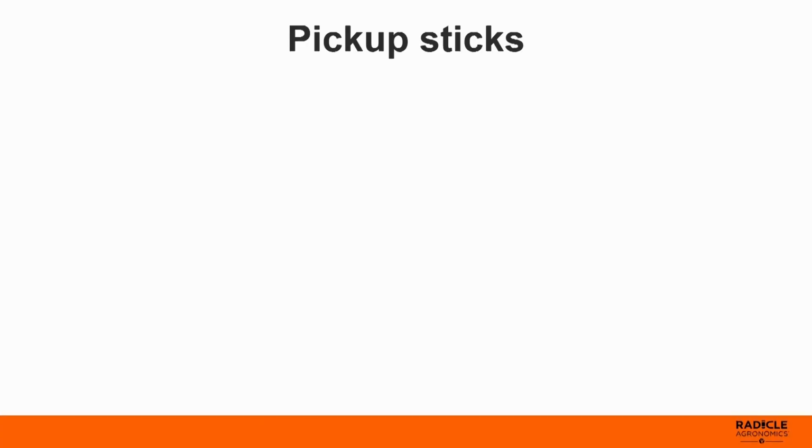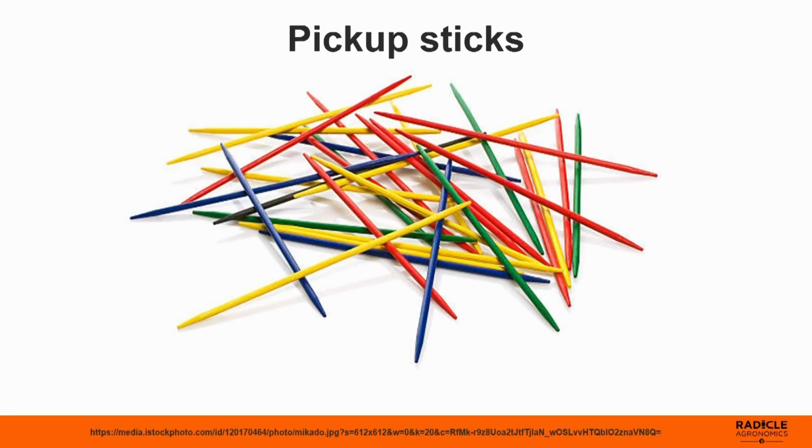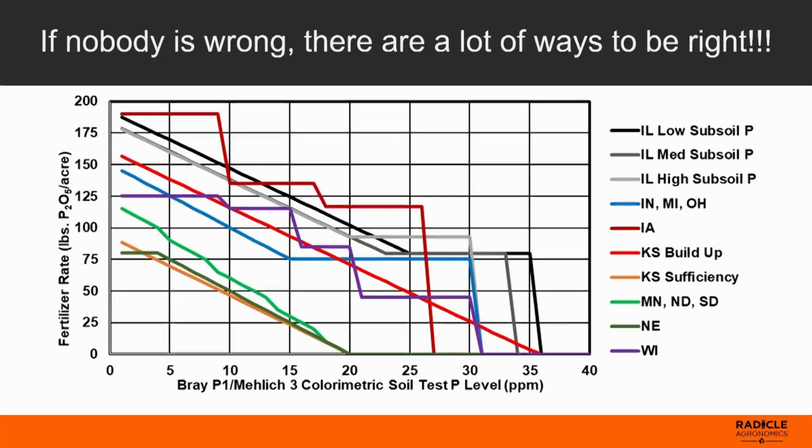Okay, so there's a lot of different types of approaches to making recommendations. It looks like pickup sticks to me, right? This is what all of the recommendation systems in the Midwest look like, okay? So if nobody's wrong, that means there's a lot of ways to be right.